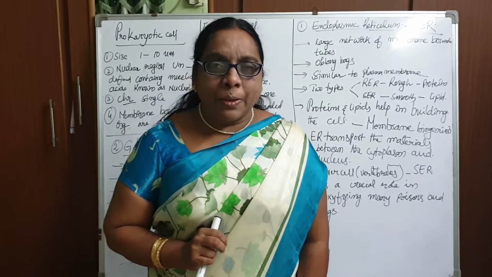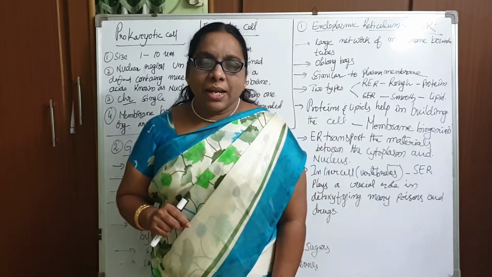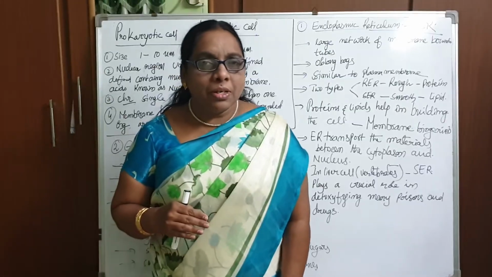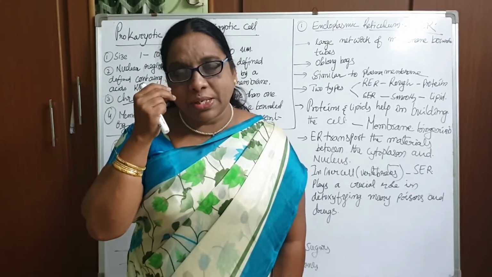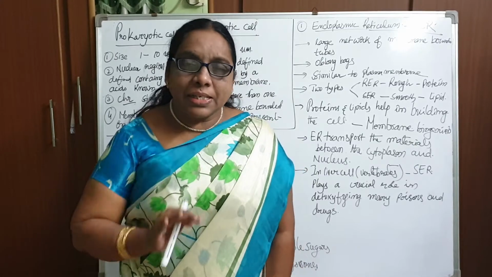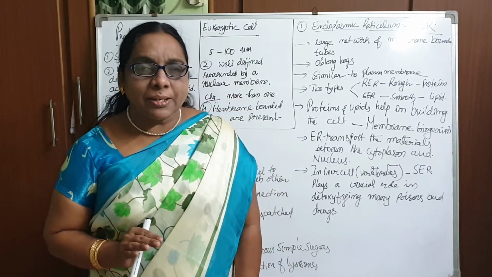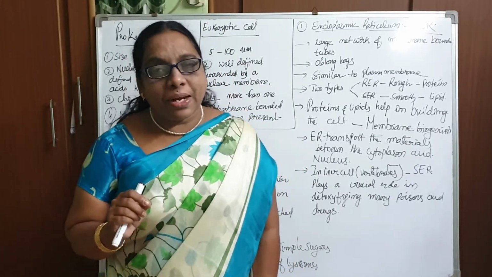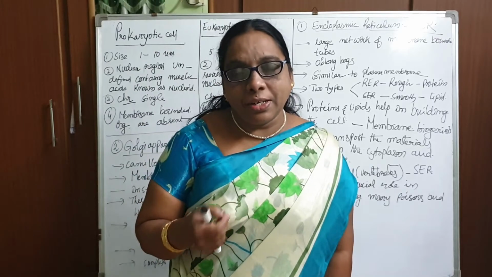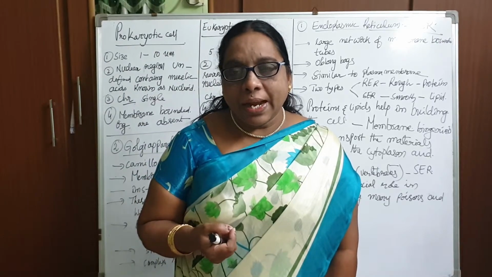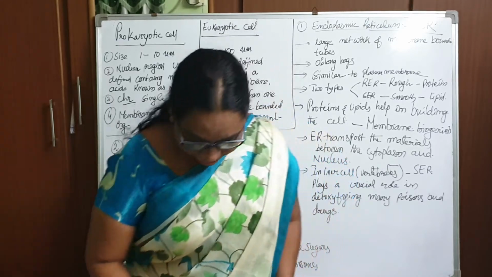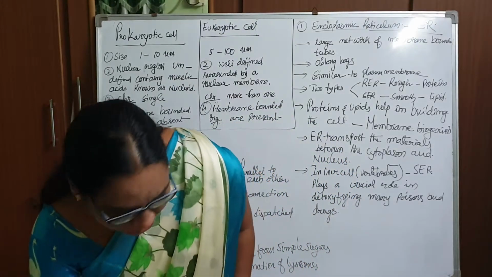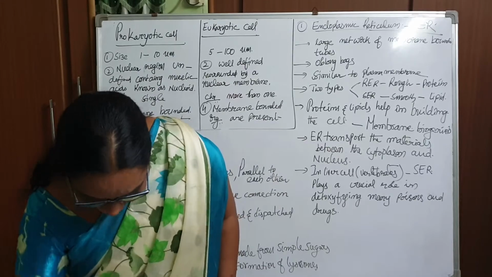I also explained the differences between prokaryotic and eukaryotic organisms. Some organisms have an undefined, entangled nuclear membrane. Which organisms are like that? Organisms like prokaryotes.